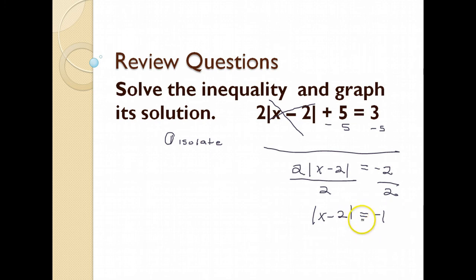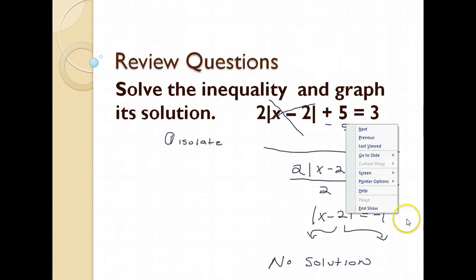Okay, so usually you isolate and then you split. However, this is a false statement. An absolute value can never be equal to a negative number, so you don't even have to go any further. This is no solution. Otherwise, you will split this and continue.